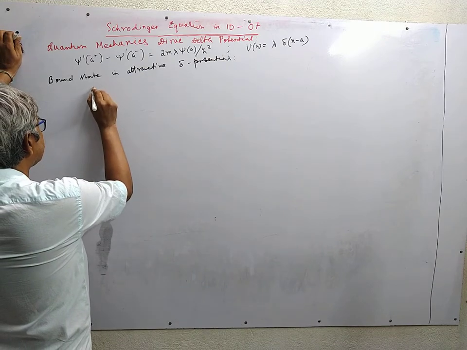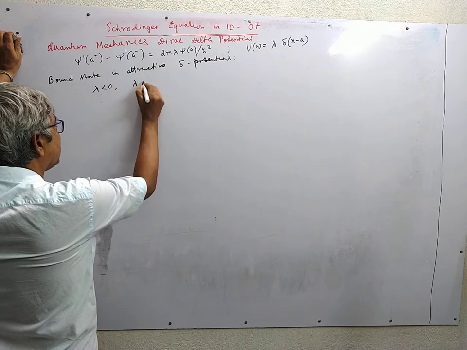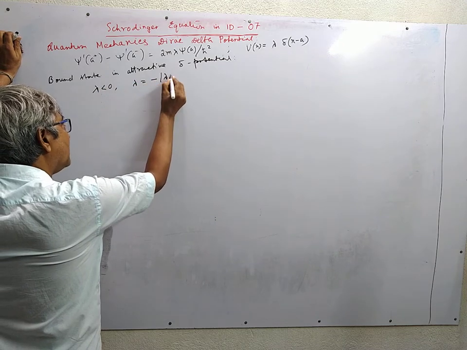Since the attractive delta potential, that is lambda, is negative, so we write lambda is equal to minus mod lambda.